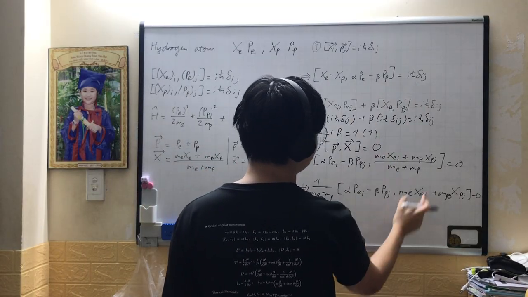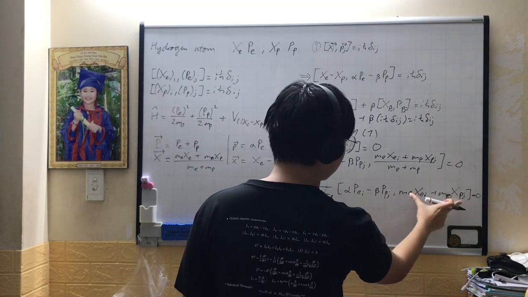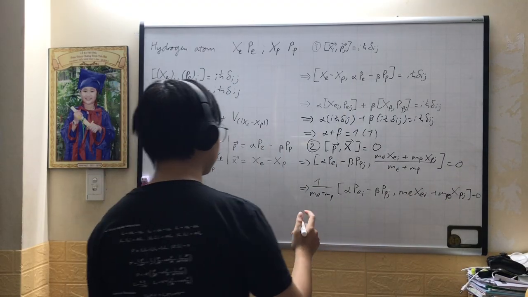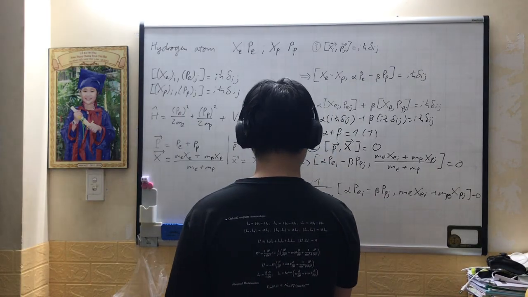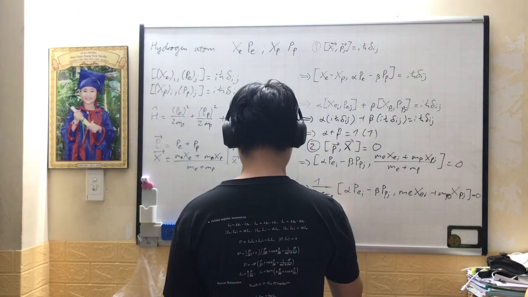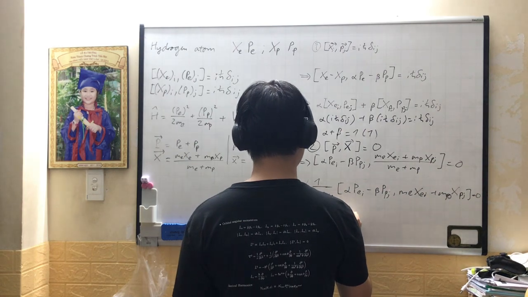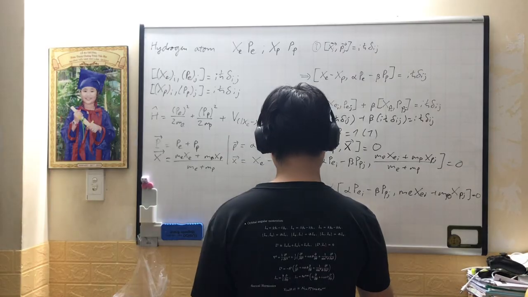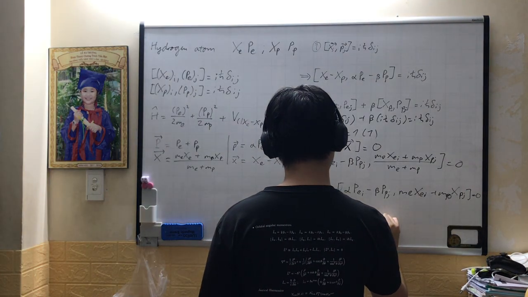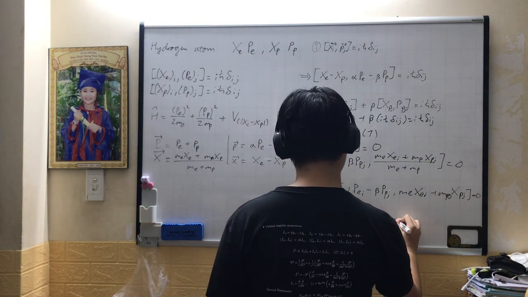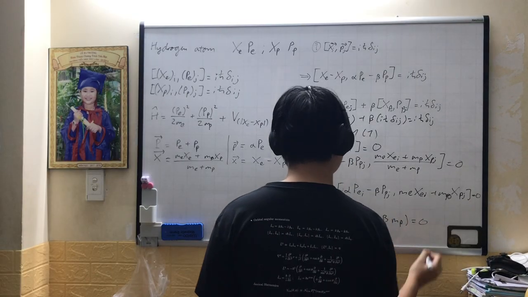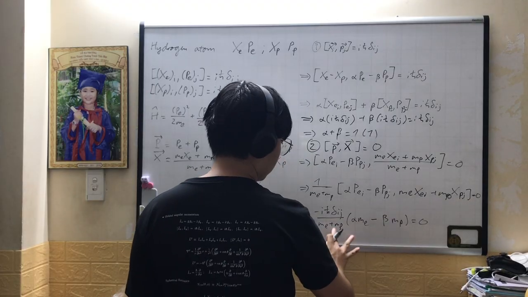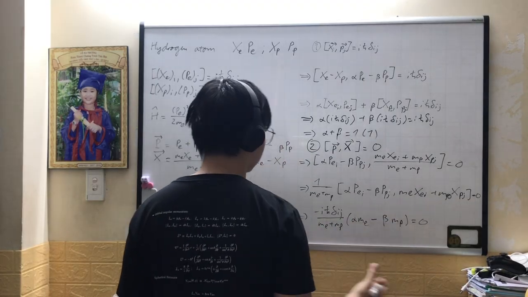What you're left with is, as I said before, only these terms give you something. So what that gives you is minus i h-bar delta_ij over m_e plus m_p times alpha m_e minus beta m_p, which must equal 0. This prefactor is of course not 0, so this term must be 0.